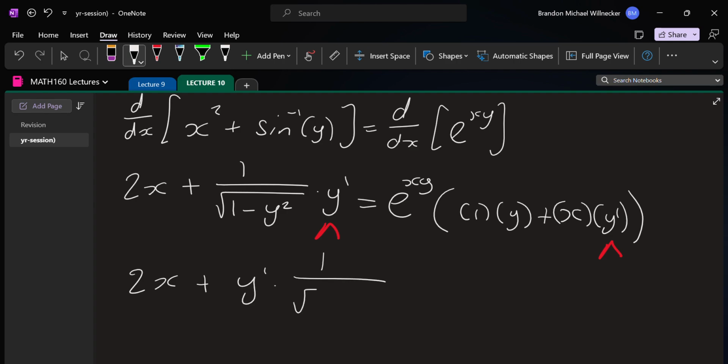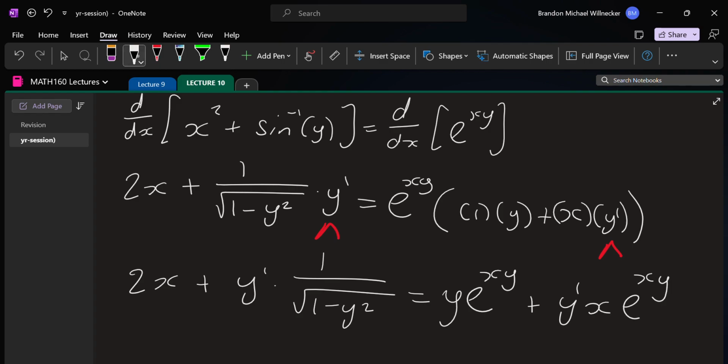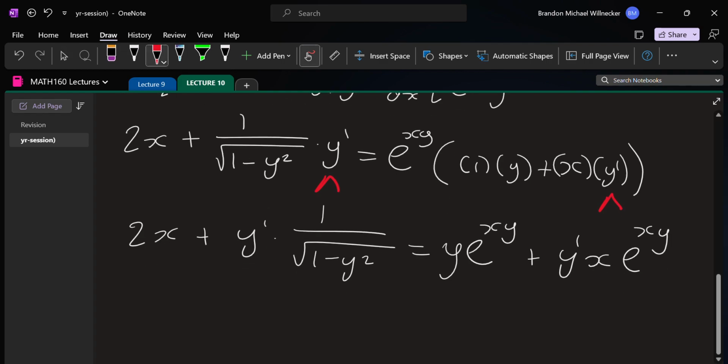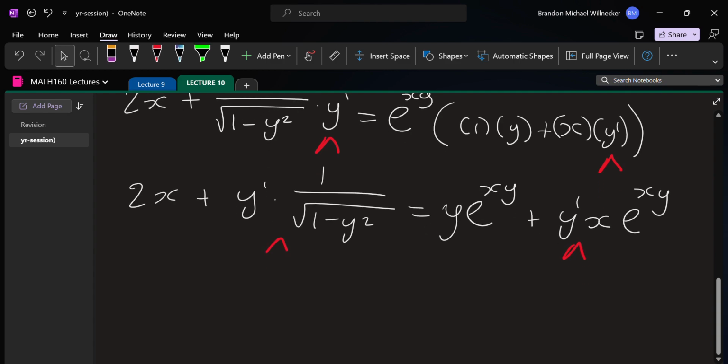Okay, so let's write this: 2x plus y prime times 1 over root (1 minus y squared) equals y times e to the xy plus y prime x e to the xy. So just expand it out a little bit so that I can get the y primes together. Okay, we've got y prime on the left-hand side, we've got y prime on the right-hand side.